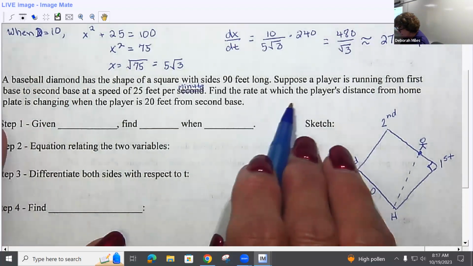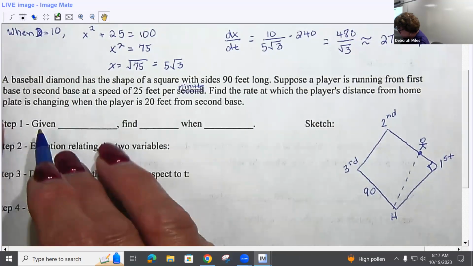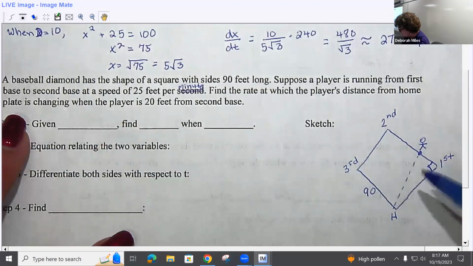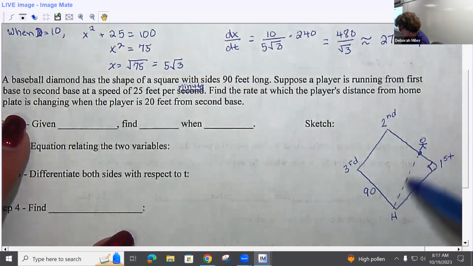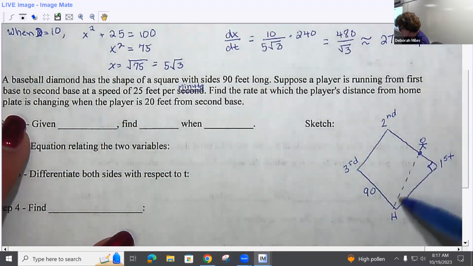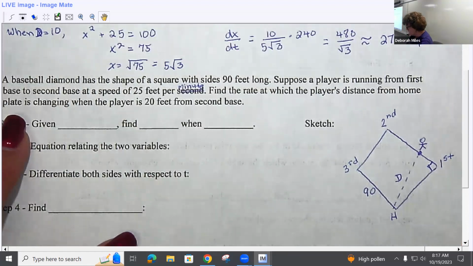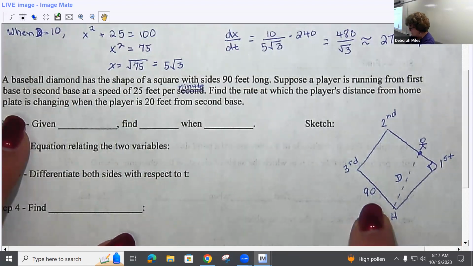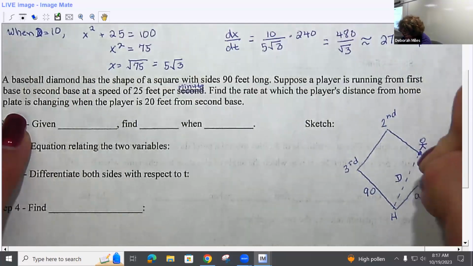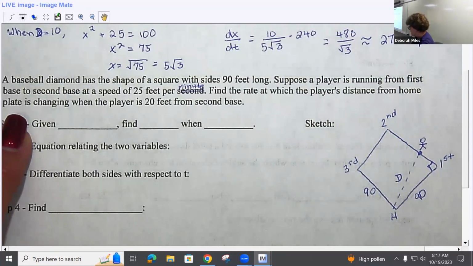Find the rate at which the player's distance from home is changing. Sounds like we need a variable for this. What can we call that? Big D for distance again? Sounds good to me. That's D. If this side is 90, well, we were told all sides are 90. So let's go ahead and call that 90 right there.